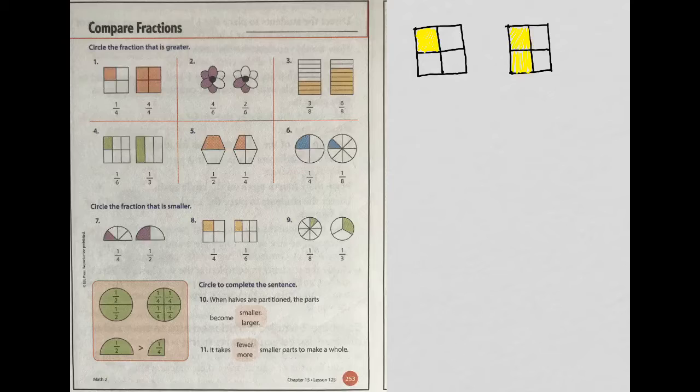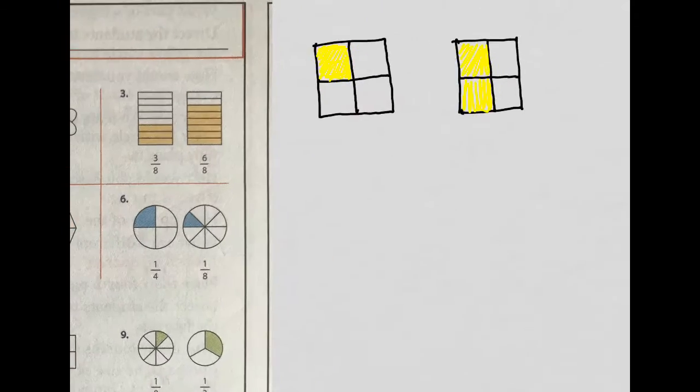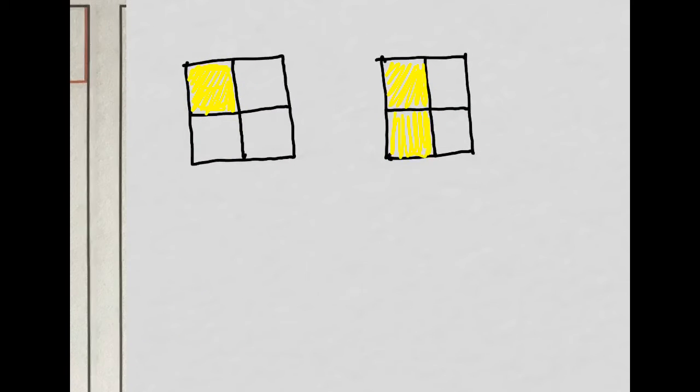And we also learned how to write a fraction. So let's practice that. Let's take a look at this fraction right here on the right. How would we write the fraction for the colored piece?